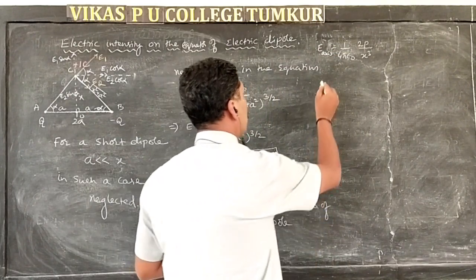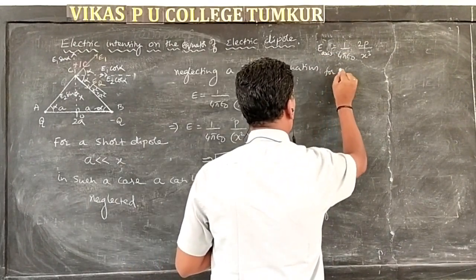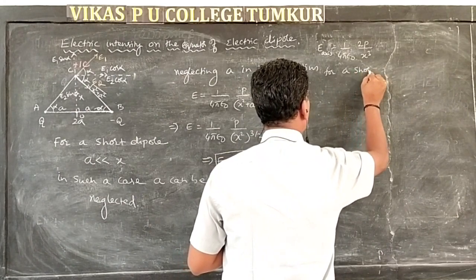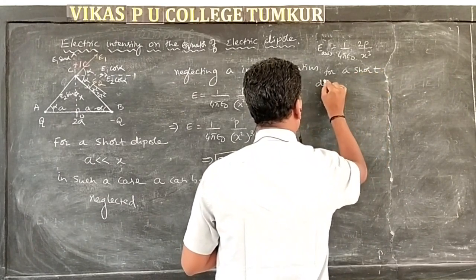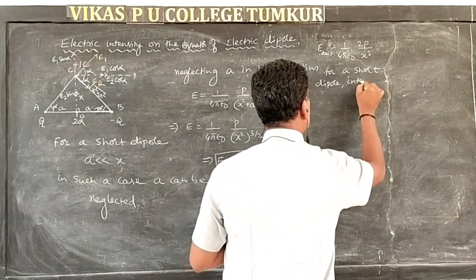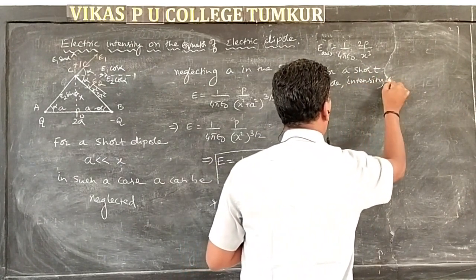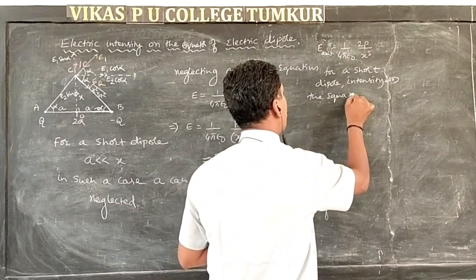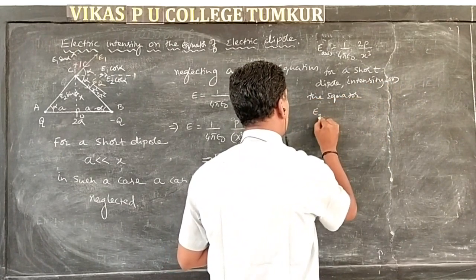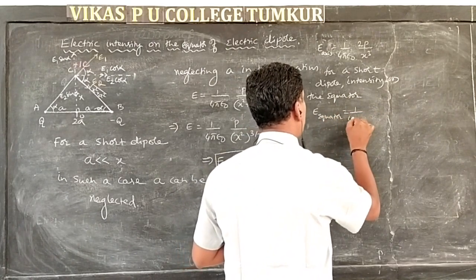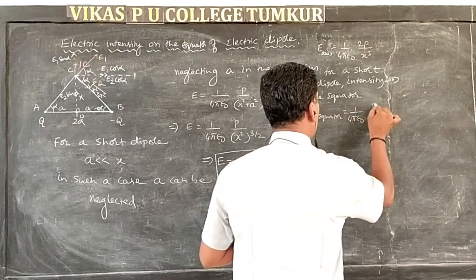So for a short dipole, the intensity on the equator will be E equator is 1 by 4 pi epsilon naught P by x cube.